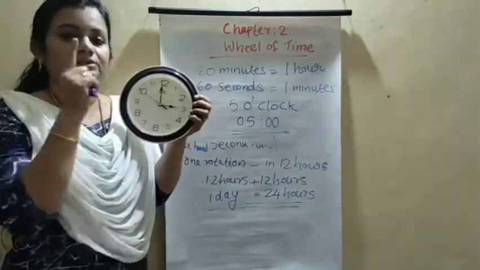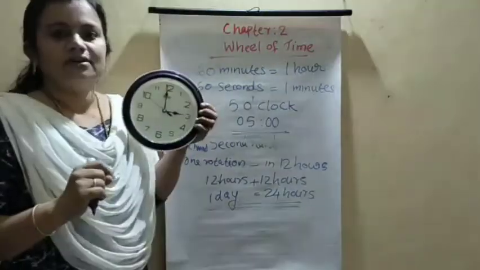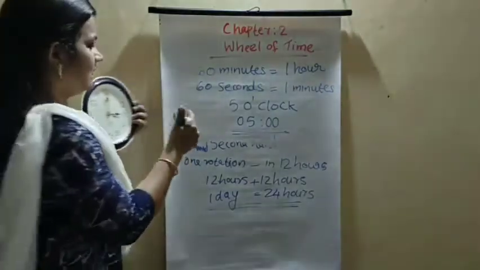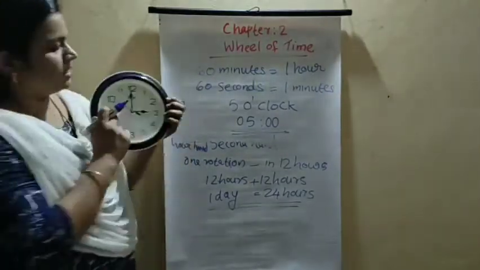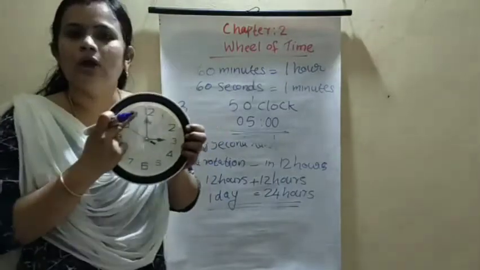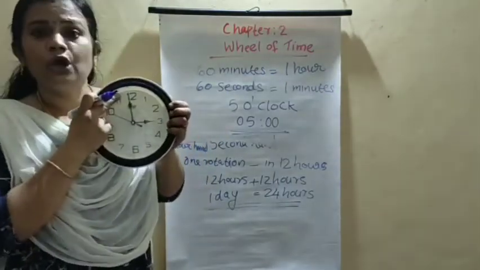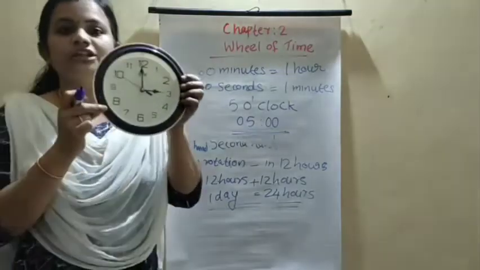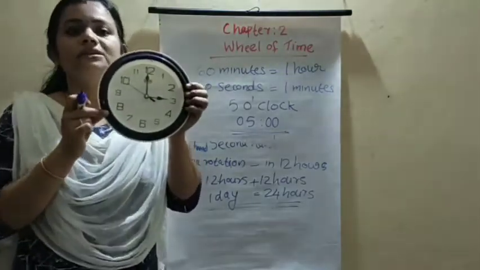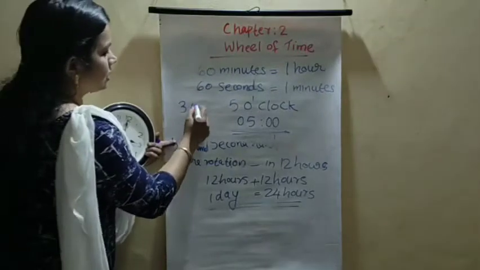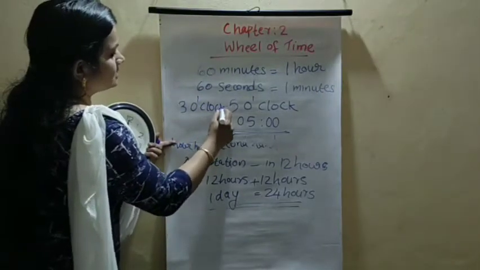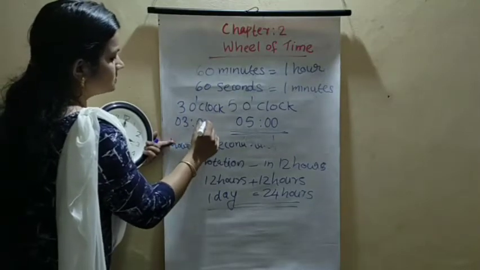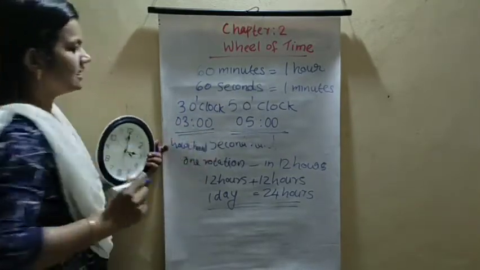That number you should write first. The hour hand is on 3, and the minute hand is on 12. So we can say this is 3 o'clock. How to write this? 3 o'clock, or we can write 03:00. This is also read as 3 o'clock.